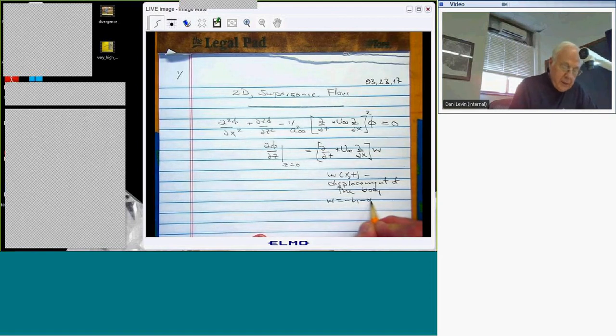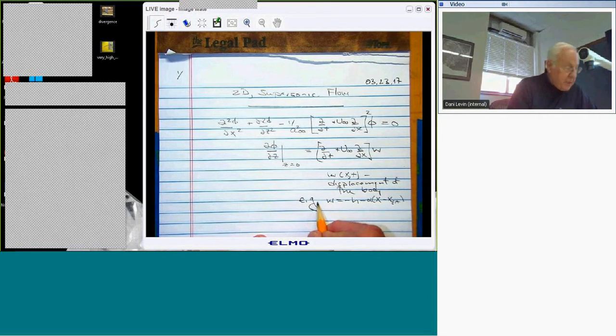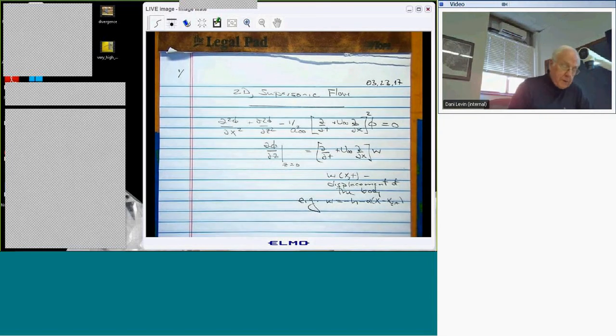Minus the angle times x in the flow direction, right? Minus the position of the elastic axis, because that's the point we're rotating about, right? So this is an example of what w is.